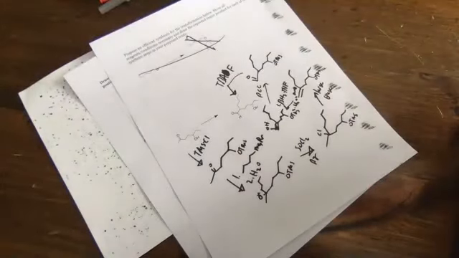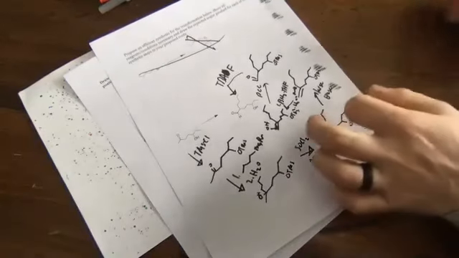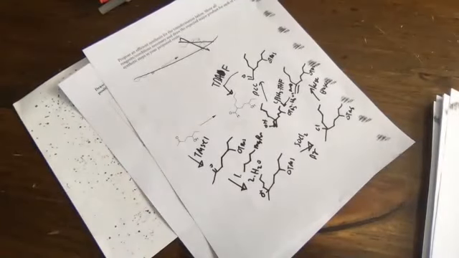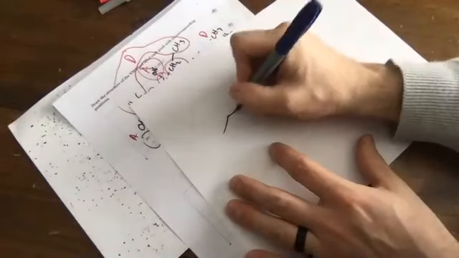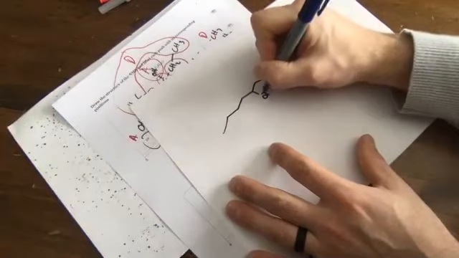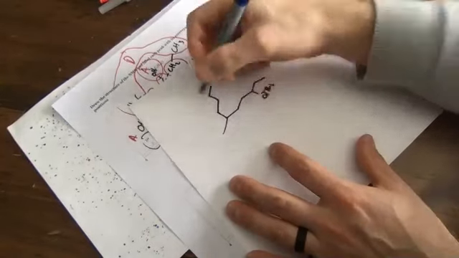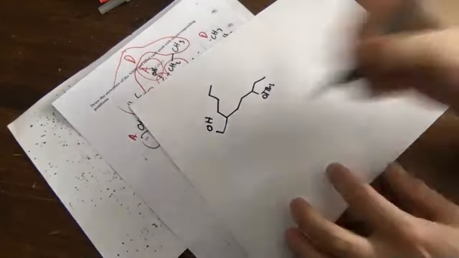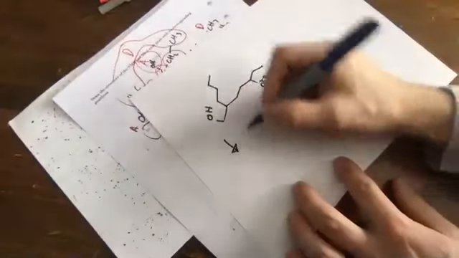So for this one here, I'm going to pull out this last reaction and talk about why I use PCC, and what would happen if I used the chromic acid. So we said PCC here because we wanted to make an aldehyde.